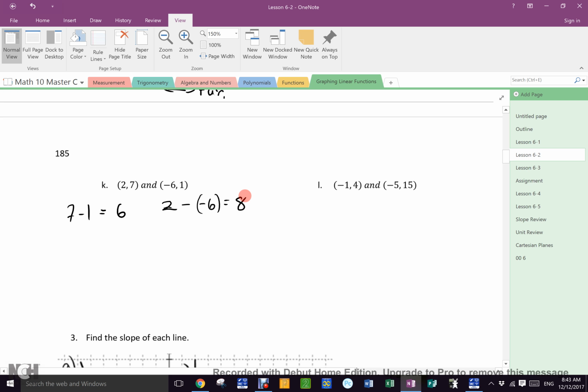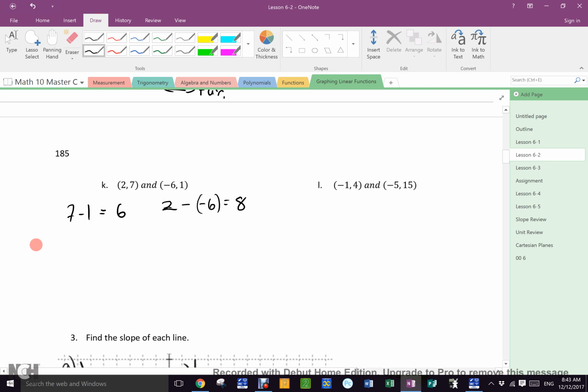So without graphing, were you able to tell? Great. So that means that not only does slope equal rise over run, it must also equal y minus y over x minus x. But if I write it this way, what is y minus y?